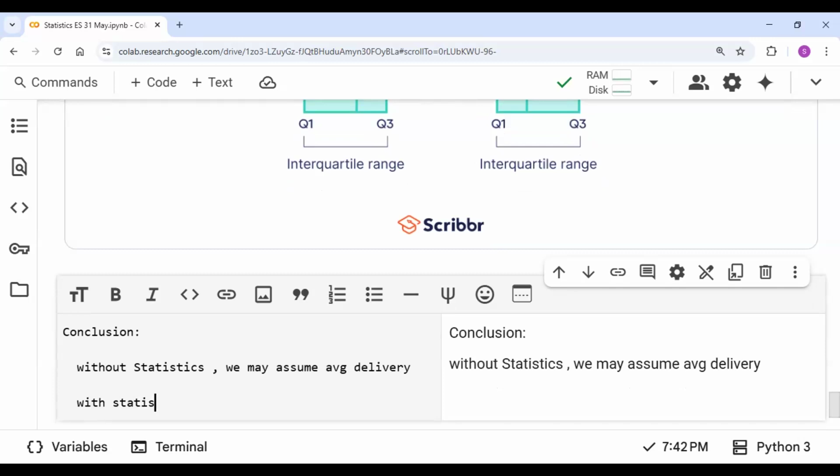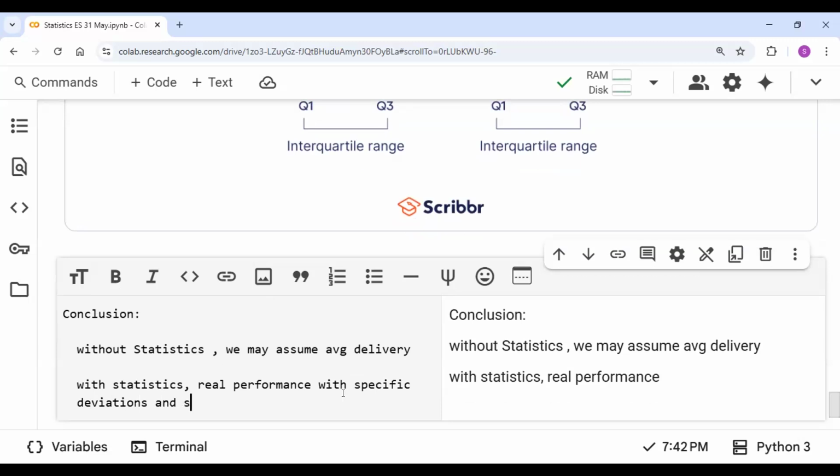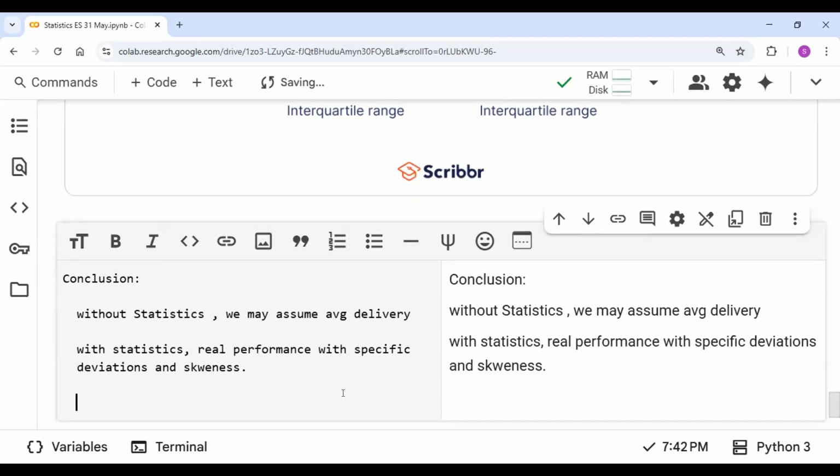But with statistics, you can see the real performance with specific deviations in skewness, and can take data-informed operational actions to improve reliability and customer satisfaction for your business.